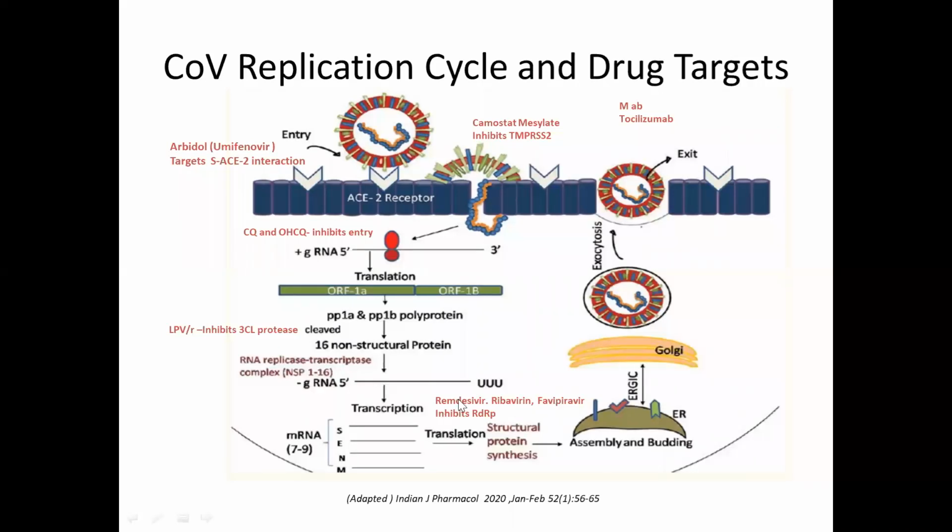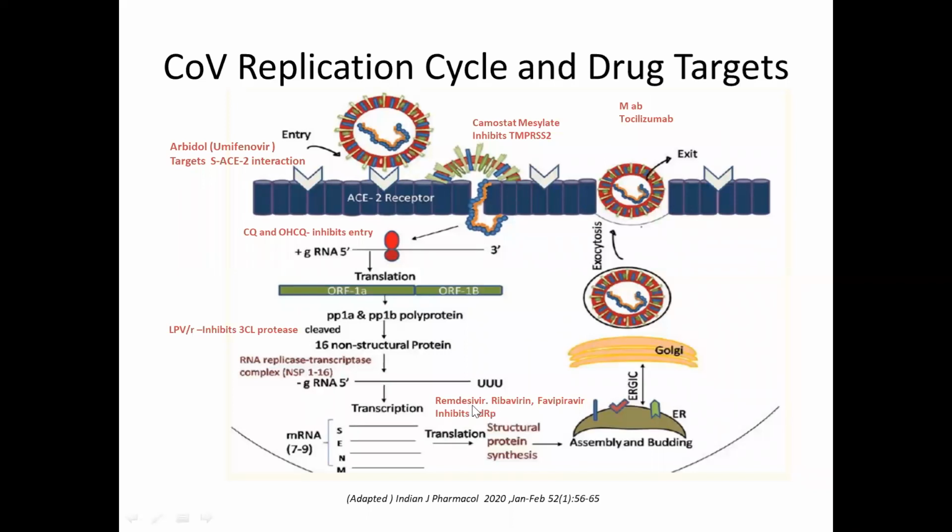So remdesivir works just the way tenofovir works. In fact, remdesivir is phosphorylated, and it looks more like tenofovir alafenamide, which is also a monophosphorylated nucleoside analog. And the way this works in SARS-CoV-2 virus is very similar to the way tenofovir and alafenamide works in HIV.